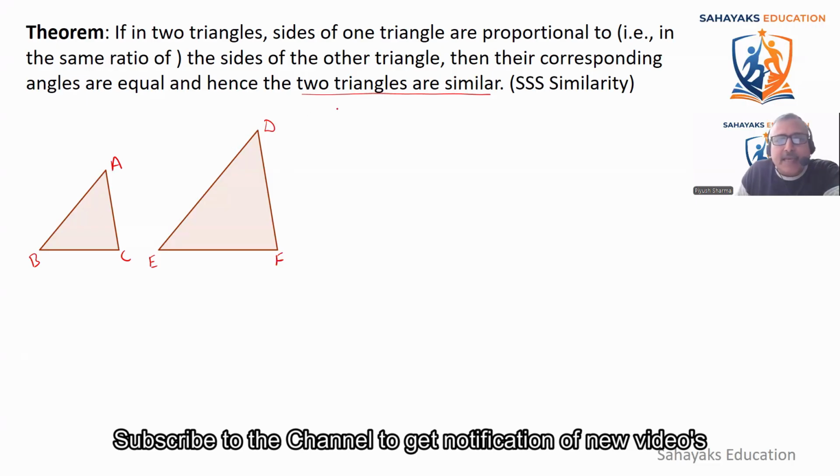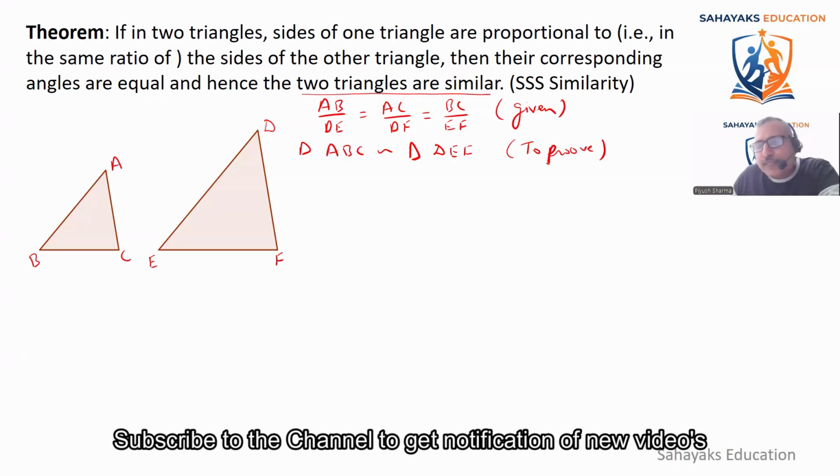That means AB by DE is equal to AC by DF is equal to BC by EF. This is given to us. And we need to prove that triangle ABC is similar to triangle DEF. This is what we have to prove.